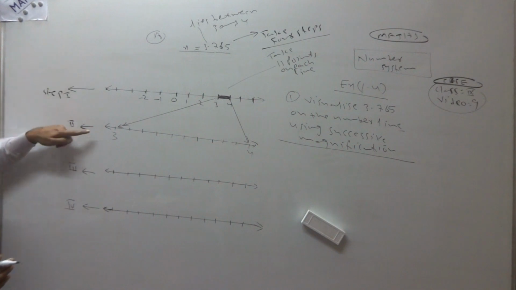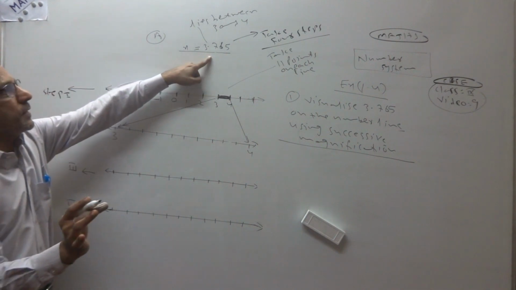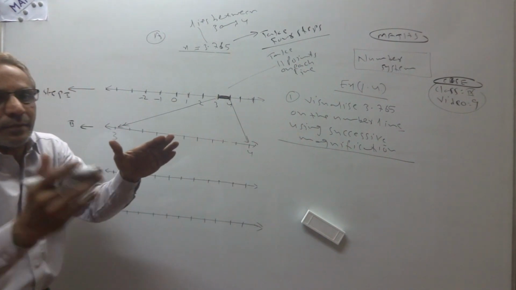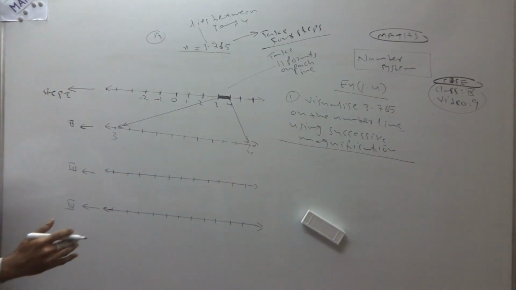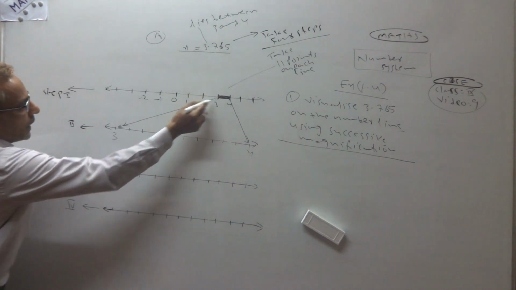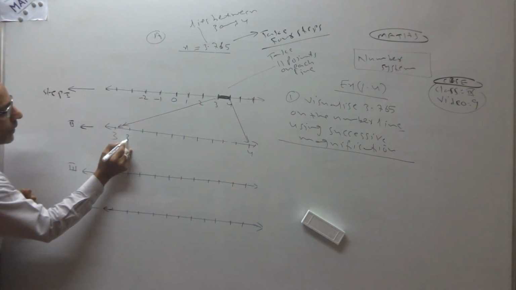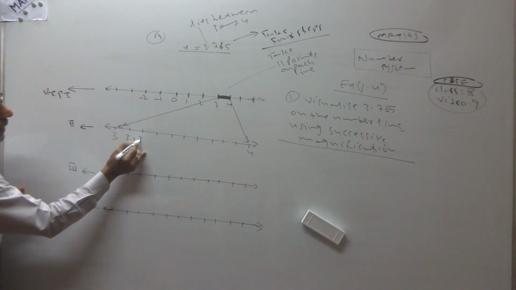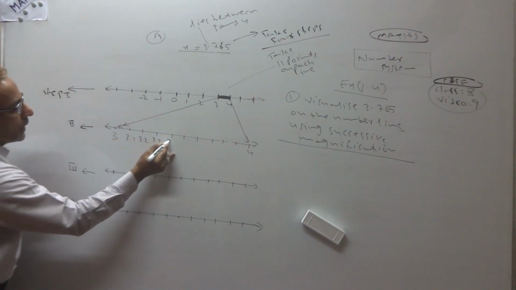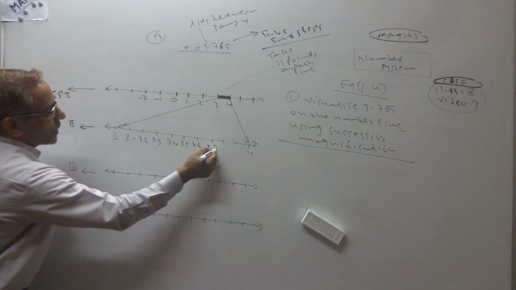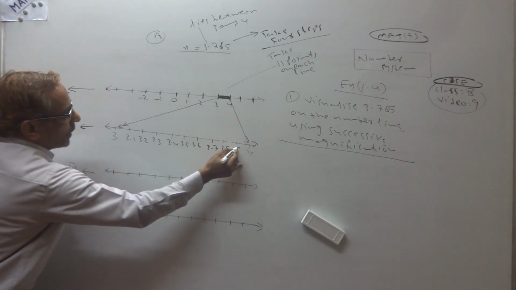Step 1, step 2. We have to get 3.765 using successive magnification, step by step. I have taken 3 here, 4 here. Now this will be 3.1, 3.2, 3.3, 3.4, 3.5, 3.6, 3.7, 3.8, 3.9.